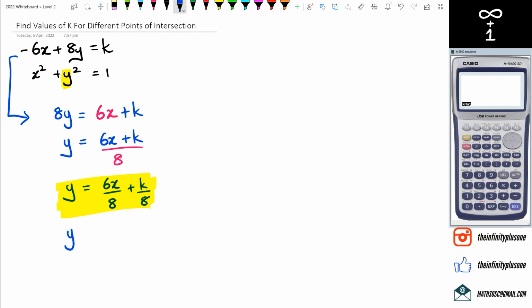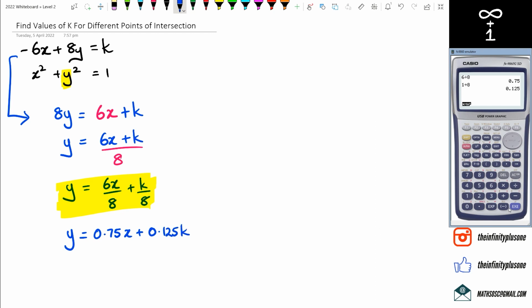In this case, 6 over 8 is 0.75, in case you're wondering how I got that. So 0.75x plus 1 over 8, which is 0.125.